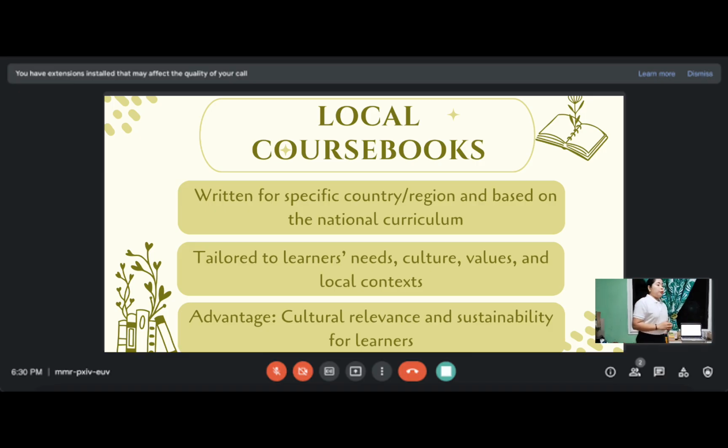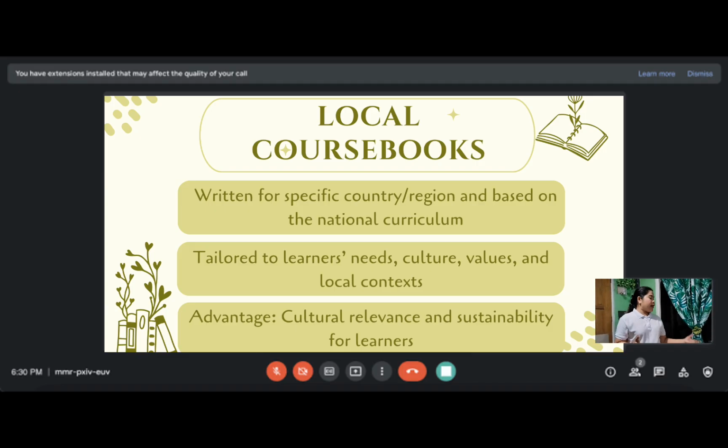A local course book is written for a specific country or region, and based on the national curriculum. So it is written specifically for, for example, the country, Philippines, region, Cagayan de Oro City. So that's the first one.